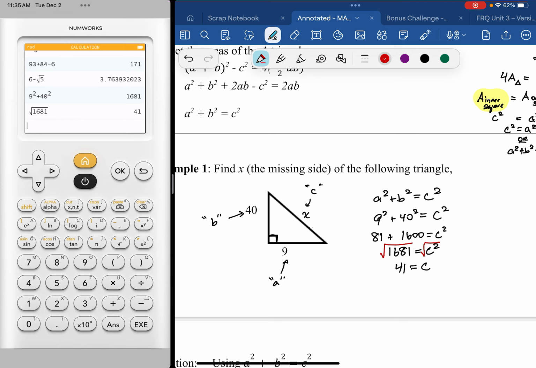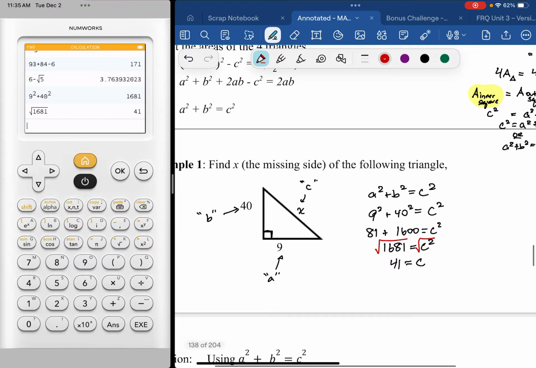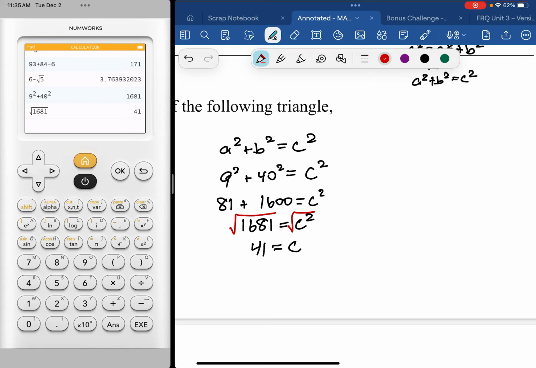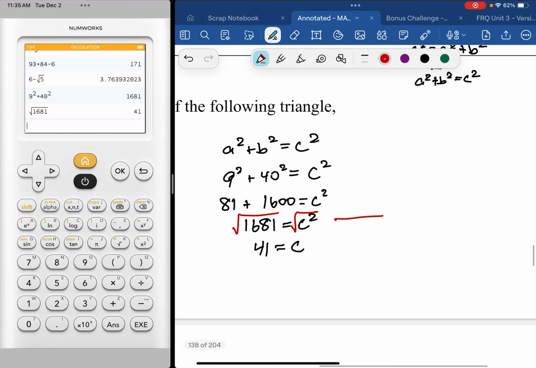Something to keep in mind, I'll show it here just the one time. When we talk about quadratics, it'll matter more. But for now, since we're talking about geometric context, we wouldn't consider negatives to be an issue. But technically, by the math of it, if I take the square root of C squared, left-hand side, square root of 1681 is 41. The right-hand side is equal to the absolute value of C, which means that C could be positive or negative.